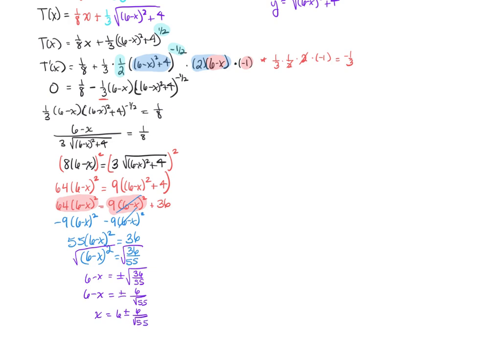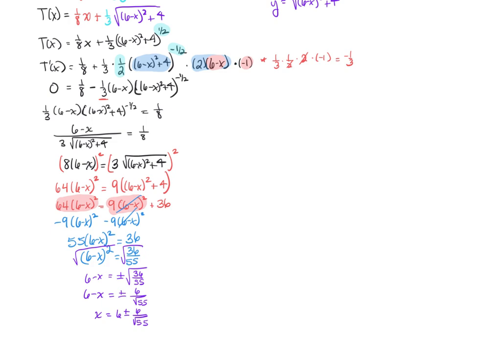So now that we have two different possible values, we usually automatically throw out the negative square root. But what we're going to find is that 6 over the root of 55 is fairly small in relation to the 6. So we're not going to get a negative value when we plug in the negative square root.